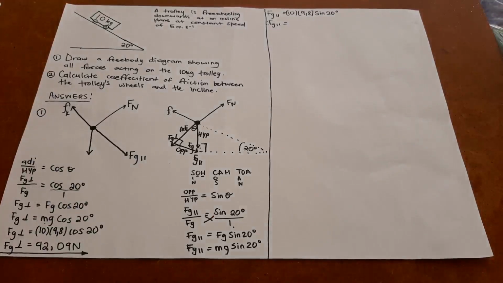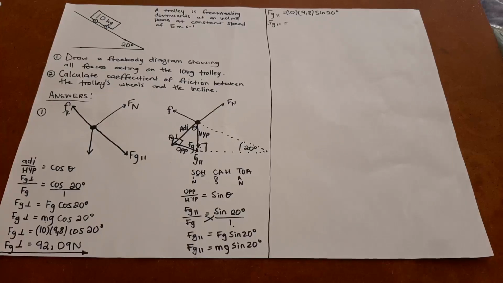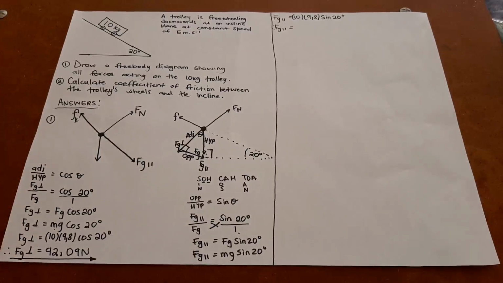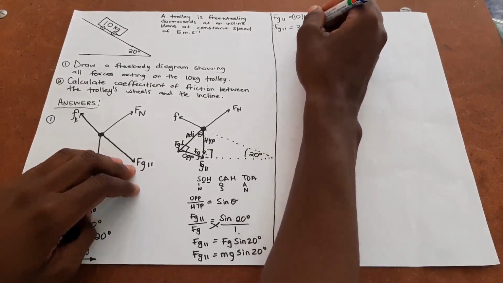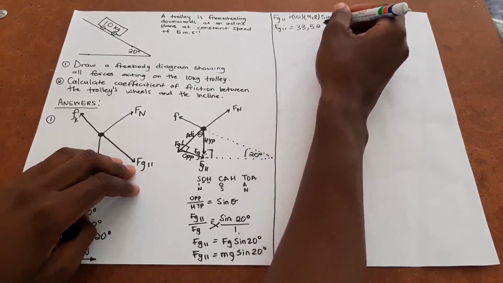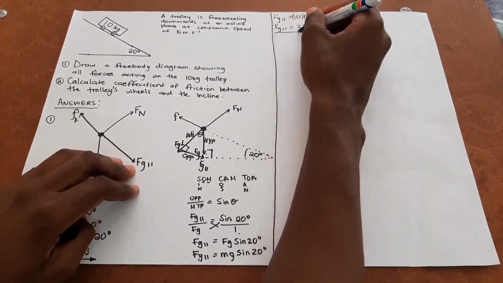Let's press. 10 multiplied by 9.8 multiplied by sine 28 degrees, no, I think that's 20. Let me check. Yes, and that becomes on our calculators 33.52 newtons. I hope you received the same, guys.